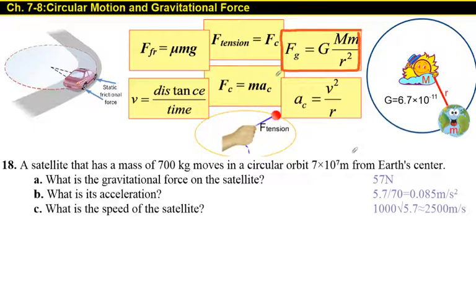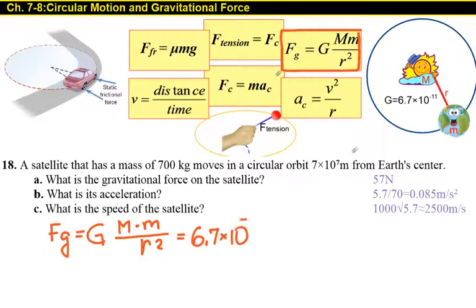When I have to find the gravitational force between the satellite and Earth, I have to use the gravitational force formula, which is force of gravity equals the gravitational constant G, times the mass of the Earth, times the mass of the satellite, divided by the distance between them squared. The universal gravitational constant is 6.7×10^-11.